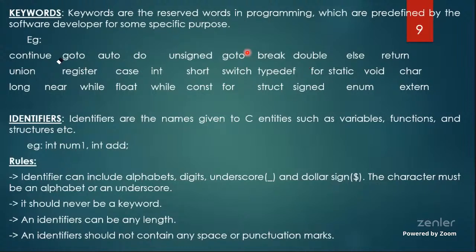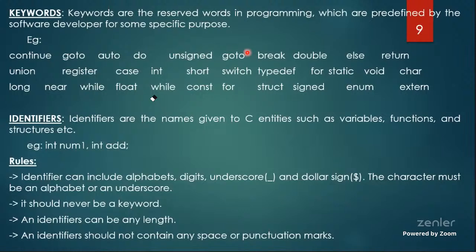In the same way, goto is there, then do, short. See, int we used, right? Just now I explained with int, float, double, char. All these are keywords. Why is it reserved? Int means that whatever variables you are using, we will come to know that it is of type integer.